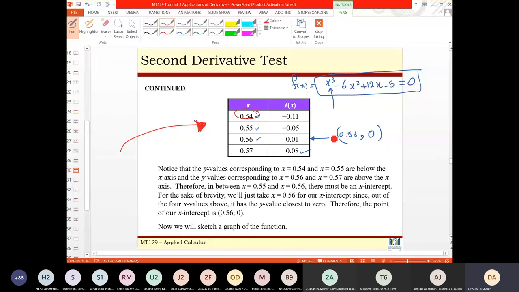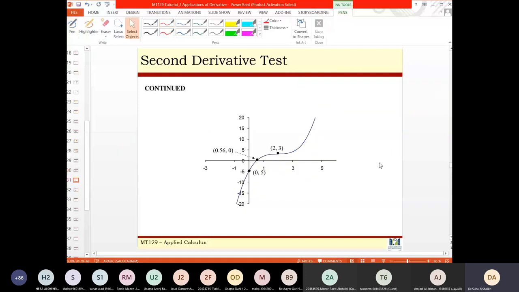So almost I got this point. So we end up now with the 3 points. We agreed that I have the point 2 and 3, and this point is inflection. We agreed that we have the point 0.5, which we called the y-intercept. And we agreed that we have 0, which is my x-intercept.